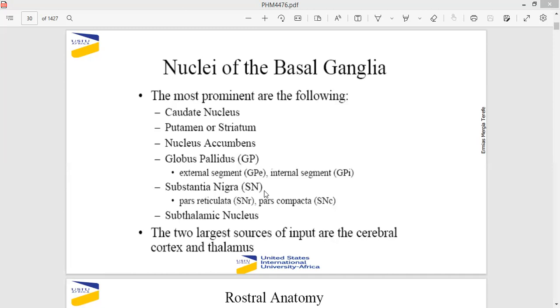Dopamine. Yeah, dopamine. So what's the treatment of Parkinson's disease? What do we give as first line treatment? Levodopa. Yeah, levodopa. Nice.